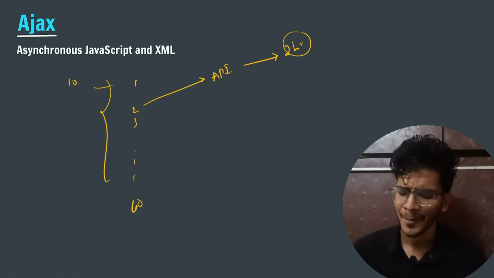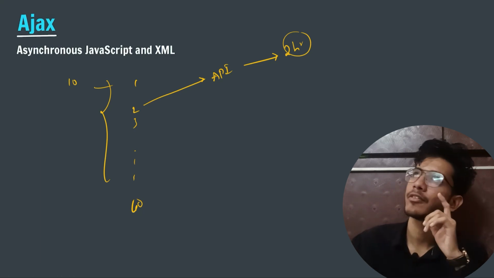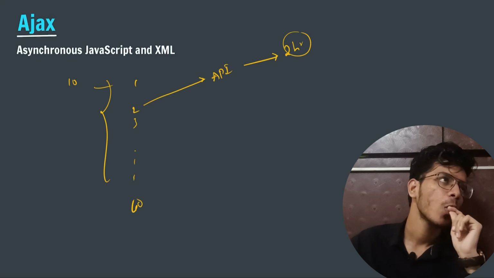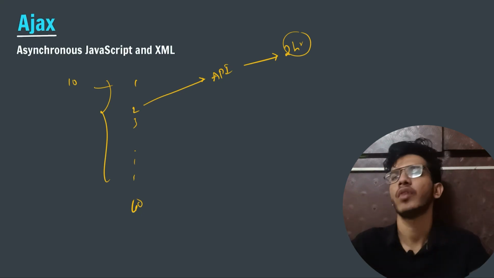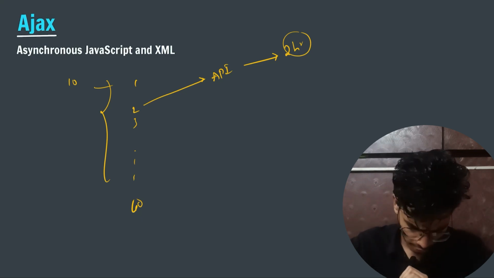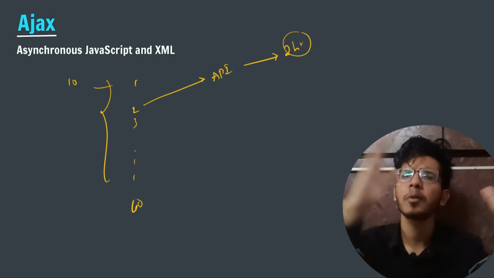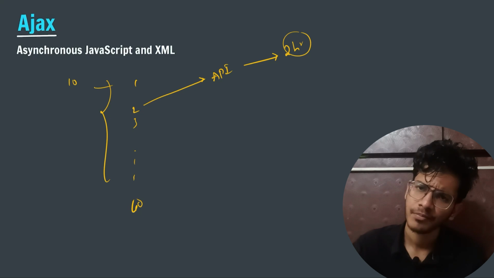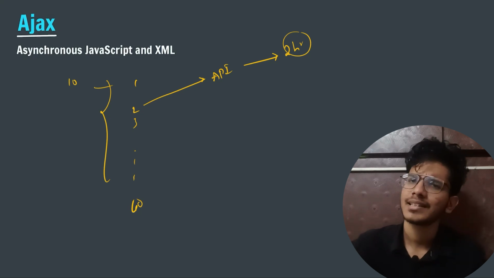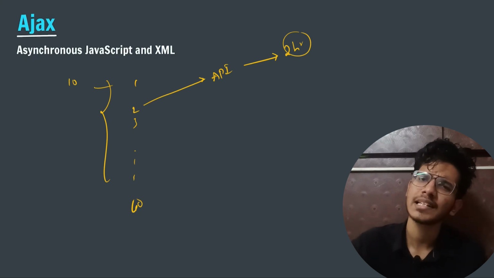For example, imagine this as an Instagram platform. Now in Instagram you are uploading a huge file. When you upload a huge file, it will take some time, but whenever that thing is taking time, you don't want other things to stop.